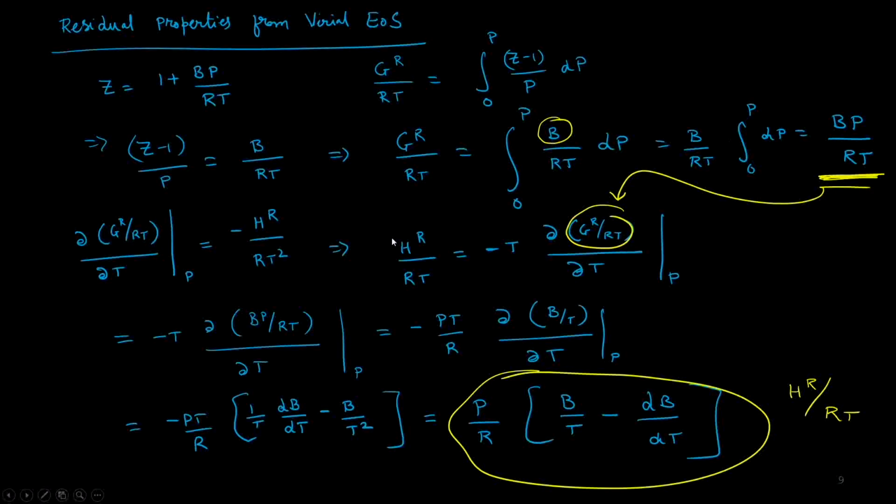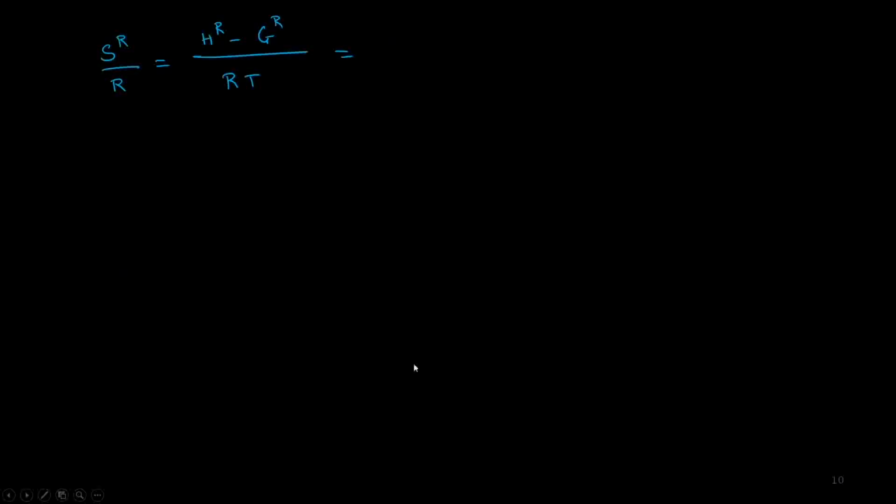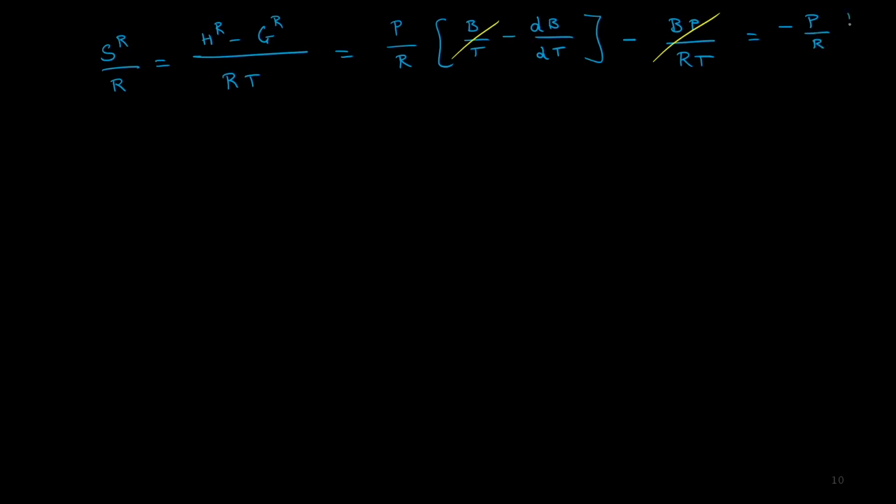One of them is P by R times (B by T minus dB by dT), that's HR by RT, minus BP by RT, that's GR by RT. So it turns out that the two terms cancel, and all I have left is minus P over R dB dT. All right, so that's the expression for SR over R.